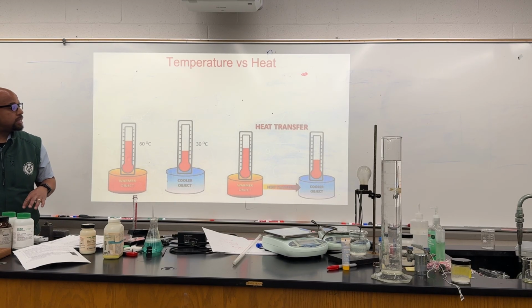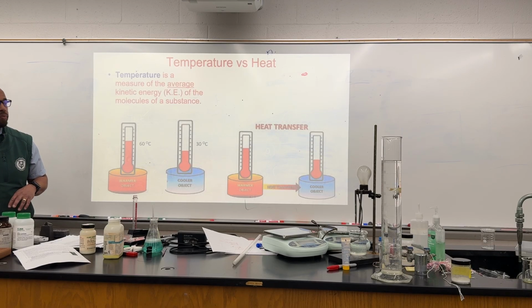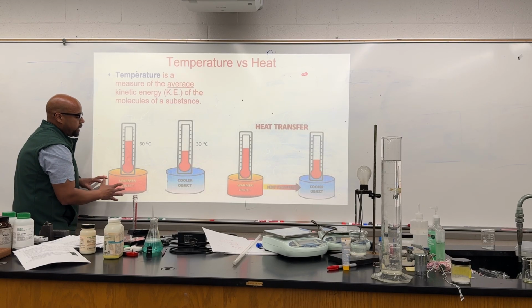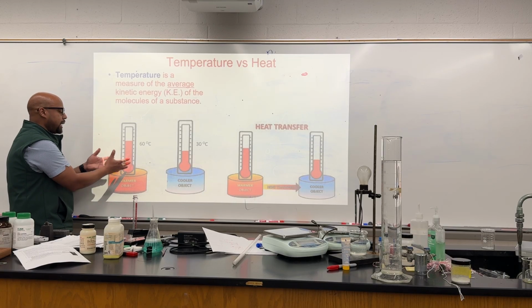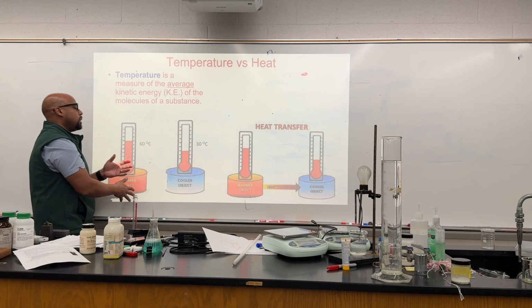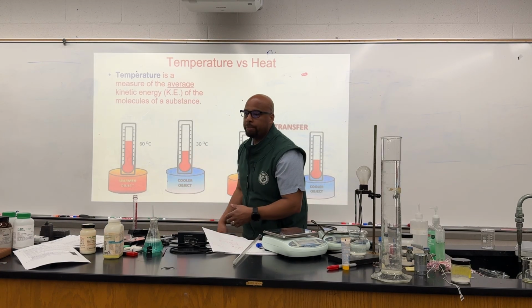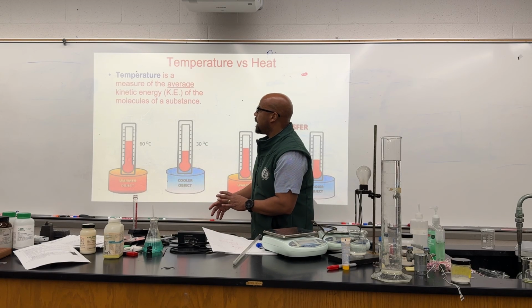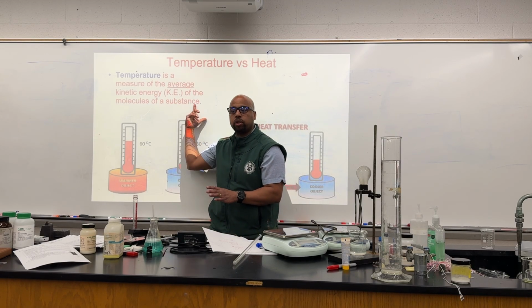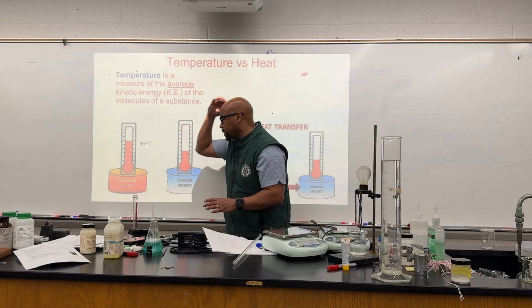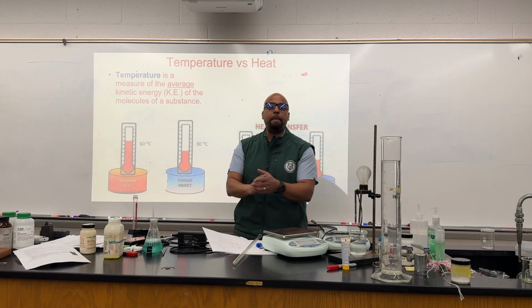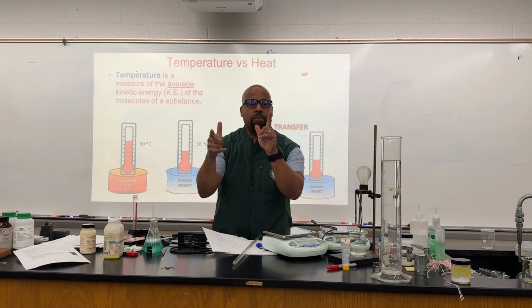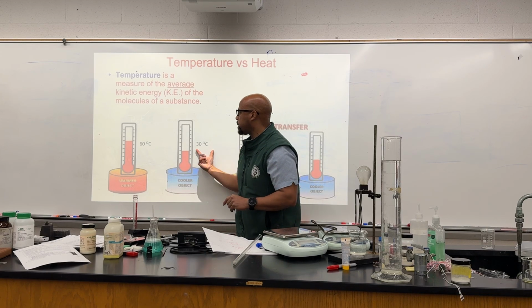Let's just talk really quickly the difference between, once again, temperature and heat. I've got two thermometers right here. This object is in some warmer atmosphere, and it says we're at 60 degrees Celsius. This thermometer is in some colder atmosphere, at 30 degrees Celsius. Remember, temperature is a measurement of average kinetic energy, which means that if I go from 30 degrees Celsius to 60 degrees Celsius, that implies the actual kinetic energy doubles.